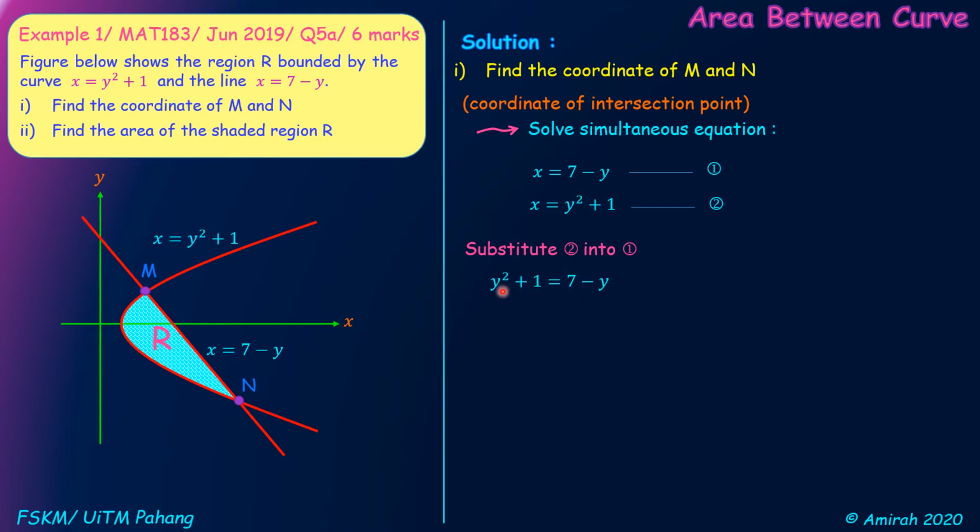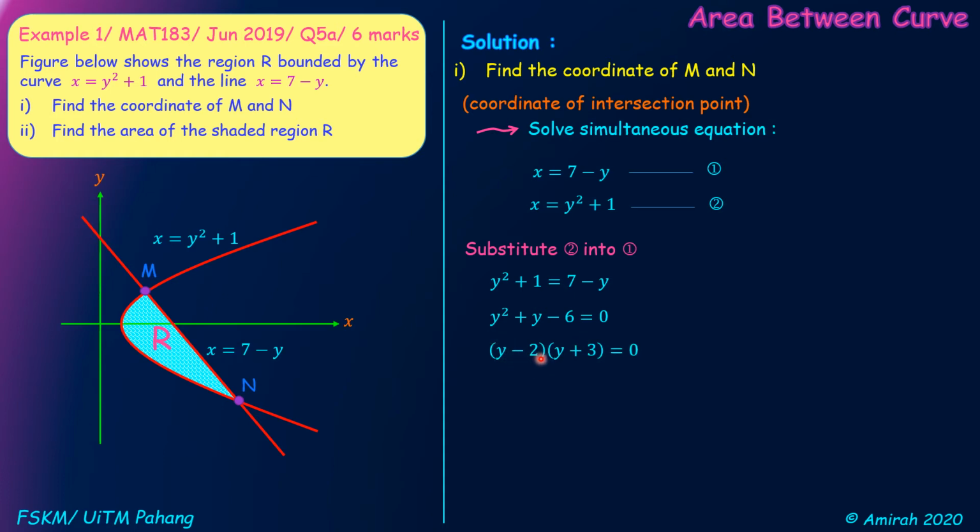Okay. This is a quadratic equation. So to solve quadratic equation, we must write right hand side equals 0. Means that we bring all the terms to left hand side. So we get y squared plus y minus 6 after we simplify, equals 0. Alright. Then we can factorize.